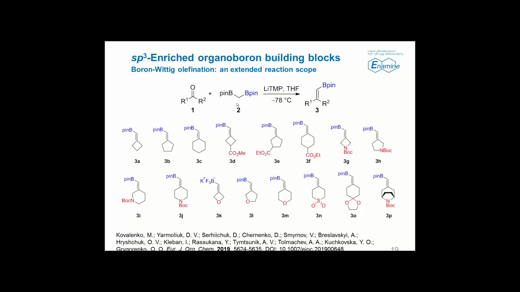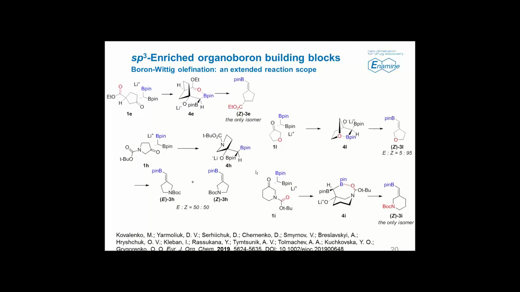And we have used these compounds in our further studies as starting materials. And we have found some interesting effect for the stereochemistry of this reaction. In fact, some of the derivatives having heteroatoms at the corresponding position were obtained with high stereoselectivity, which can be explained by coordination of the oxygen atom to one of the boron centers.